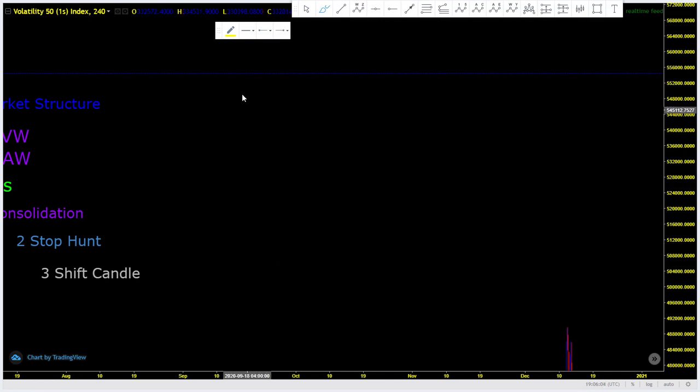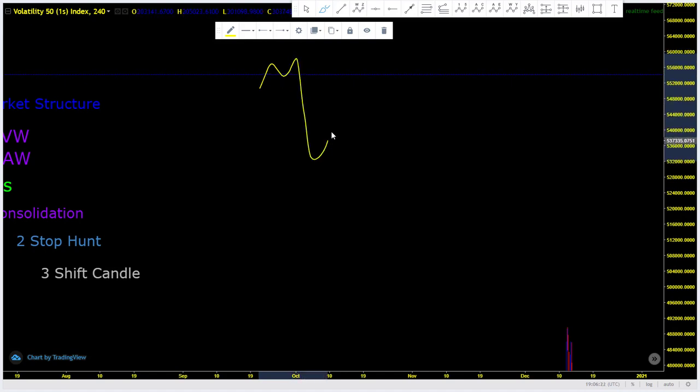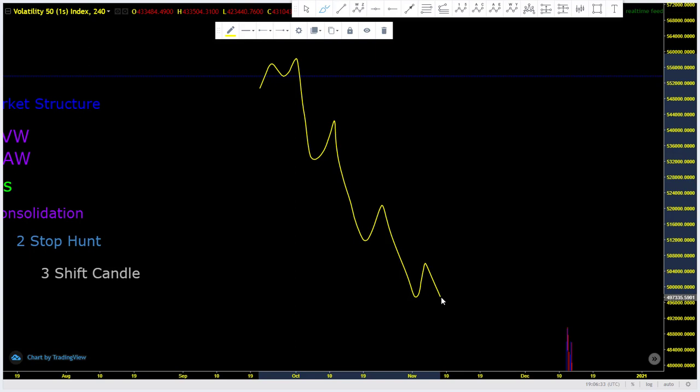So I'm going to start with the bearish movement of the market. With the MVVW, we are saying that when the market is moving from up going down, it is going to form what we call a peak formation high, which will be in the form of an M. Then it goes down and forms a correction, which is a V. Then it goes down and forms another correction, which is a V. Then it goes down again, where we expect the market to develop what we call a peak formation low.